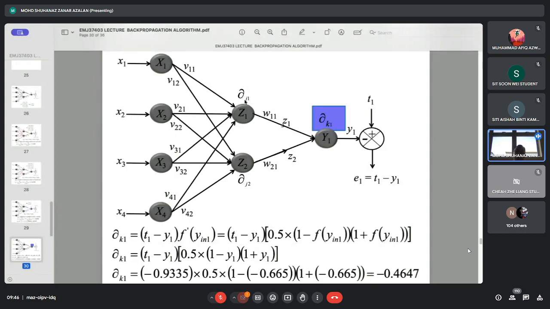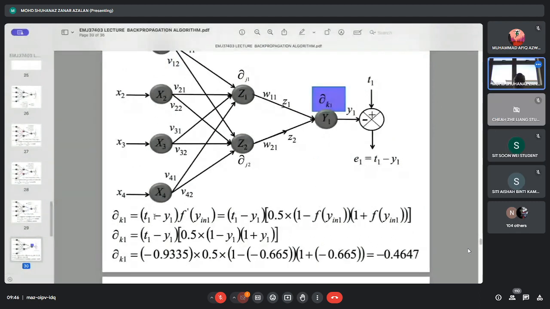Delta J1 and delta J2 are to update the weightage for V. Delta K is the error times the differentiation of Y_in1.